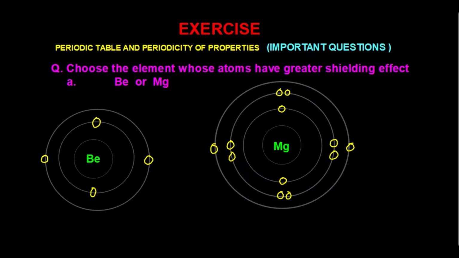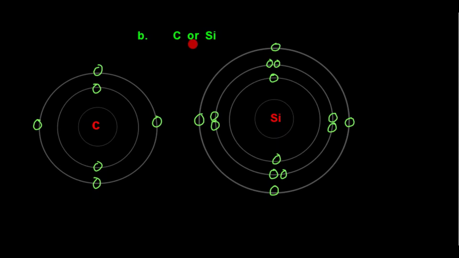Now let's see what is the next question which is given. Next we are given carbon or silicon, and we are asked to choose which element has greater shielding effect. Here we have carbon with atomic number 6. Carbon has just one inner shell between the nucleus and the valence shell, while silicon has 2 inner shells between the nucleus and the valence shell.